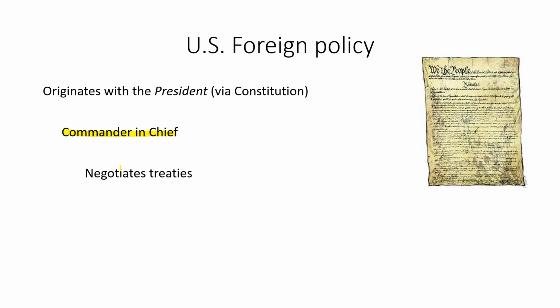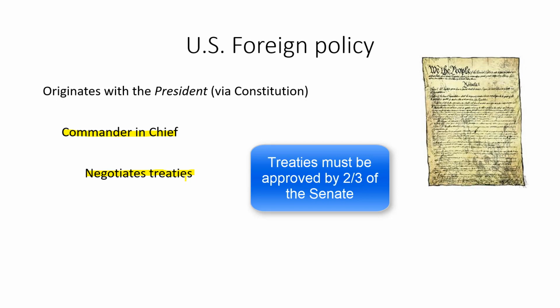The president is also tasked with negotiating treaties according to the Constitution. Now, the president may not necessarily go out there and do the negotiating him or herself, but his delegate does, or the Secretary of State, the State Department and the diplomats will be part of that, any particular envoys that could be appointed to go negotiate those treaties. And then the president ultimately signs those treaties, but they're not ratified yet because, according to the Constitution, they have to come back to the Senate, and it has to be approved by 2/3 of the Senate for that treaty to be in effect.